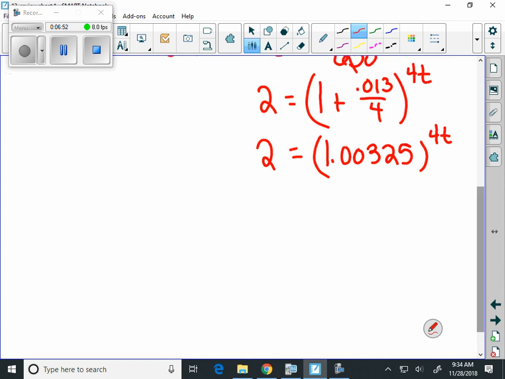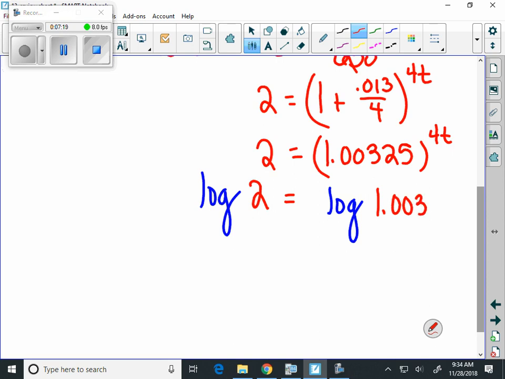Well, really the whole idea behind these logarithms is that we use them to solve when our variable is an exponent. So 4t, that's the exponent. It has a variable in it, and consequently, that means that we need to put a log on the left, and a log on the right. It's going to be log of 2 equals log of 1.00325 to the 4t.